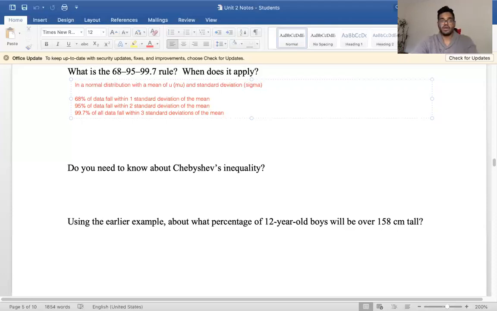Okay. And again, big point here, this is only for normal distributions, okay? As soon as we get to non-normal distributions, which is what the next point is going to talk about, Chebyshev's inequality, okay?